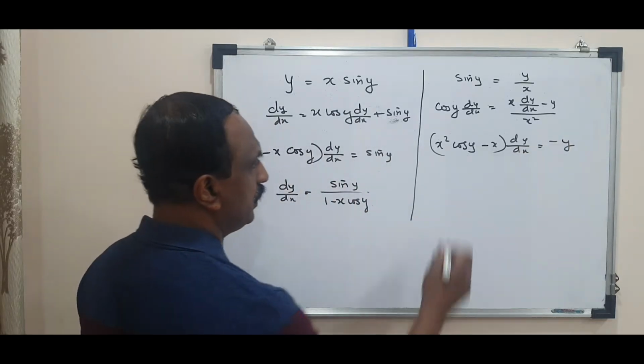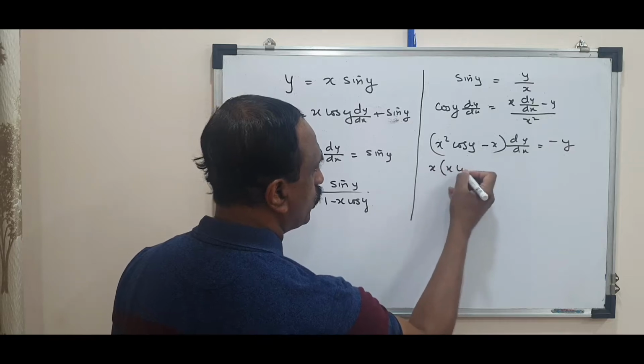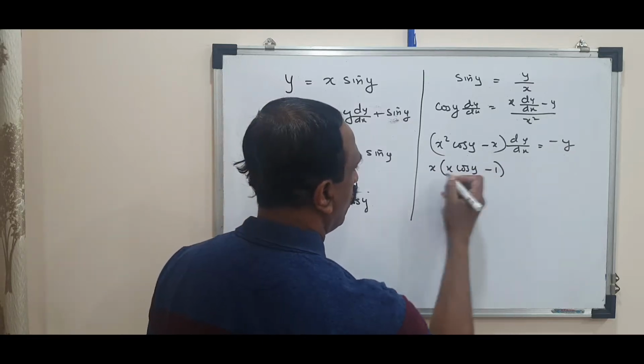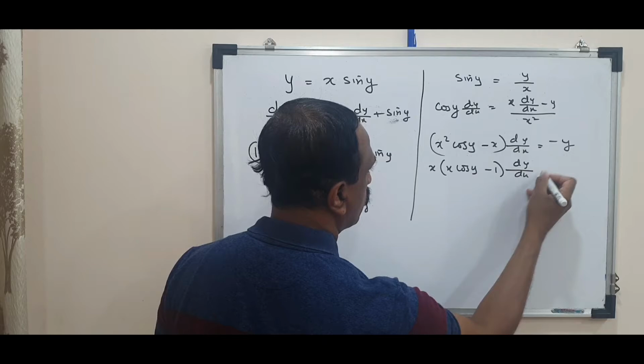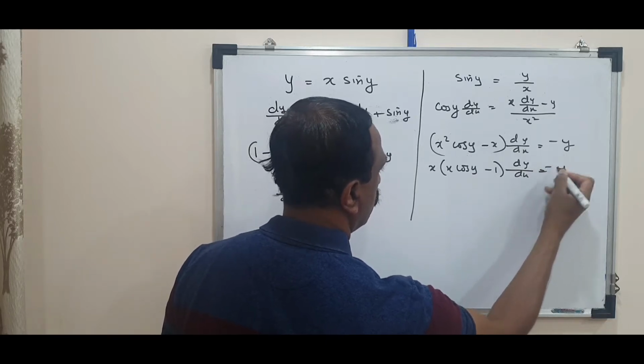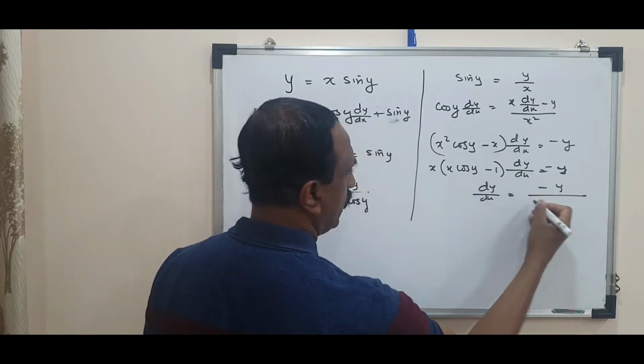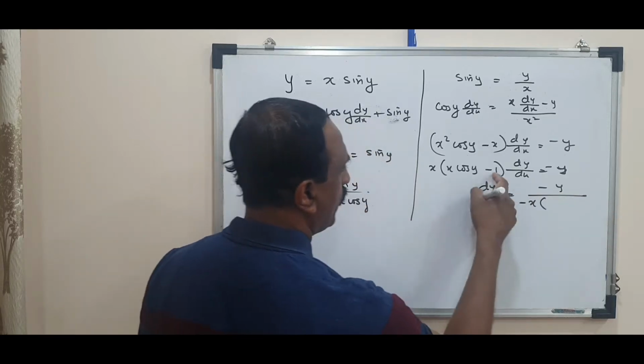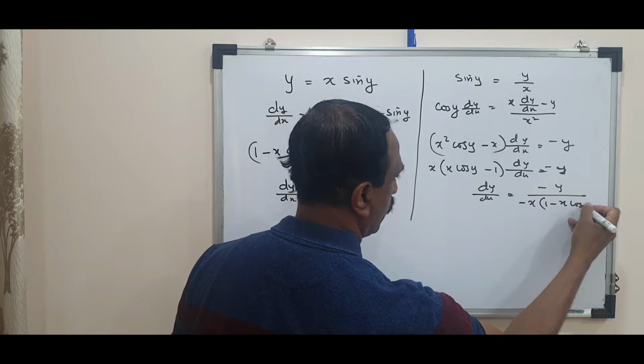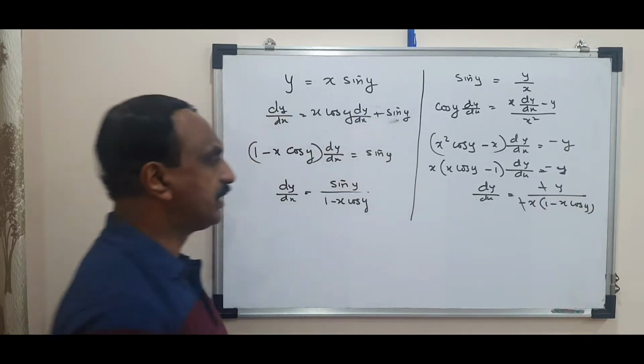Suppose I take x as common, x into cos y minus 1 into dy by dx is equal to minus y. So dy by dx is equal to minus y upon x into, let me take a minus common and make 1 first, x cos y. So you get another type of answer.